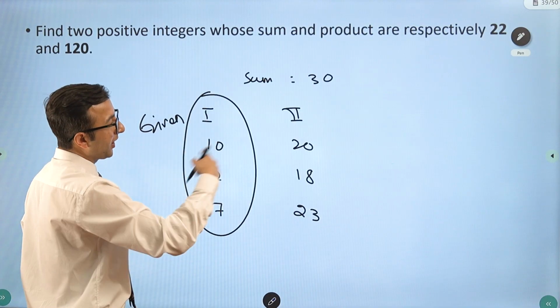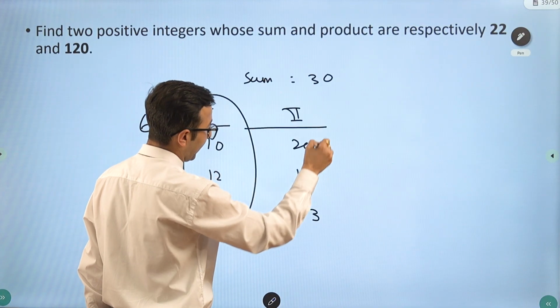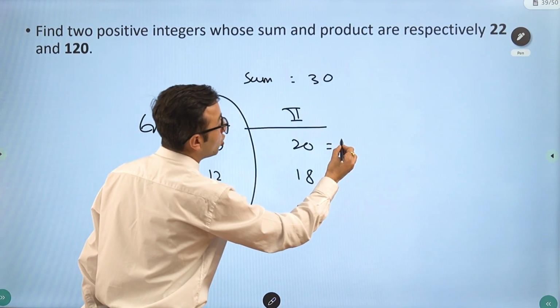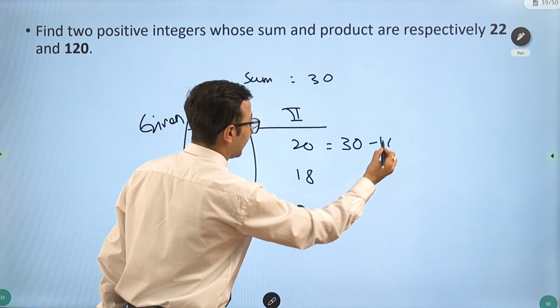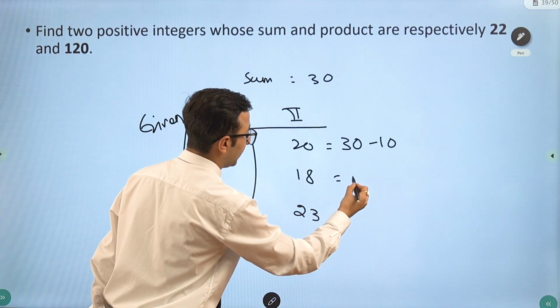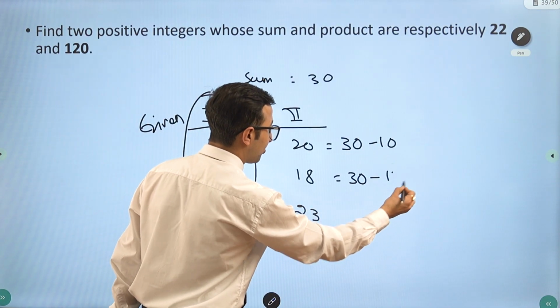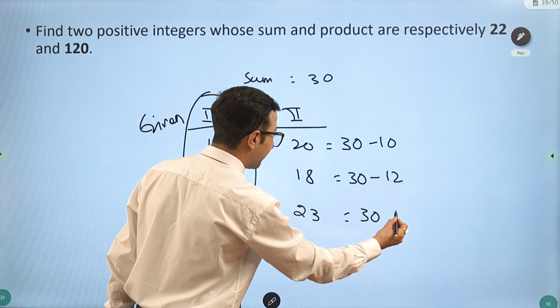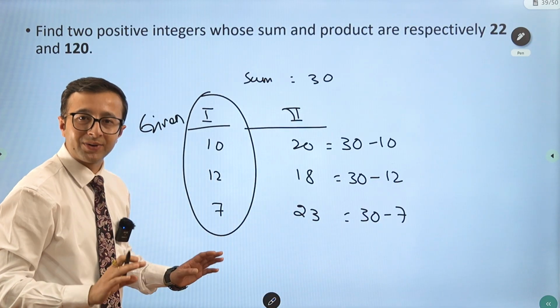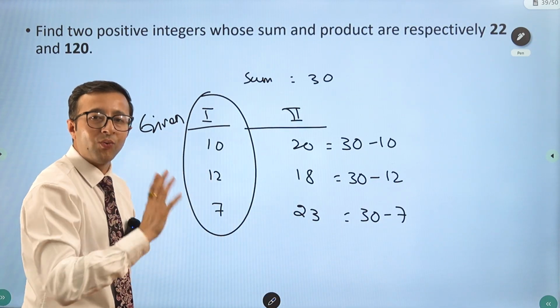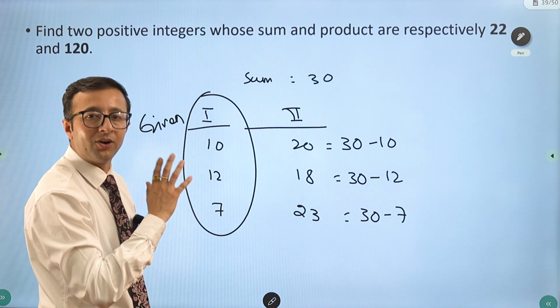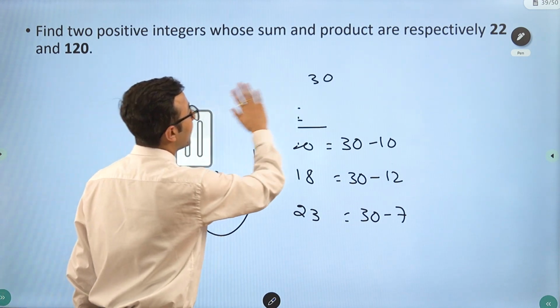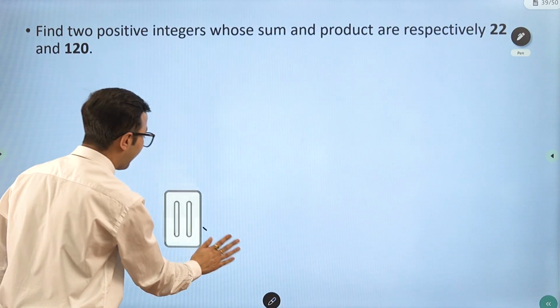Then with respect to the given, how to express the second one? So this 20 is actually total minus given. Simple. This is 30 minus given, 12. This is 30 minus given, 7. So that is the way. So any one of the methods or ideas you can use here to find the value of x and y.